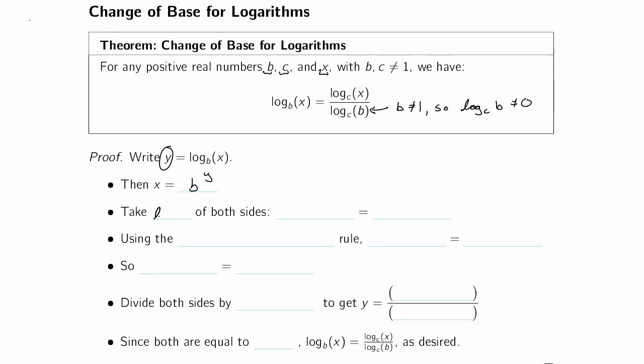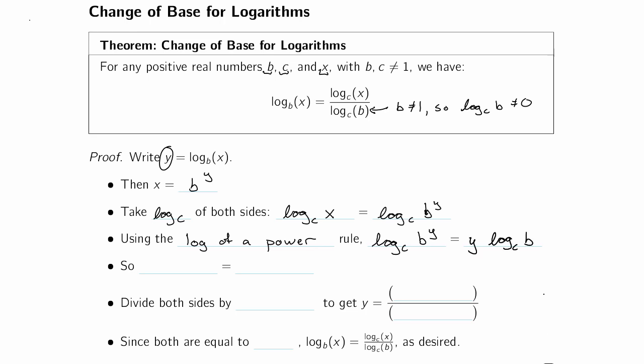If we take the log base c on both sides, we get that the log base c of x is equal to the log base c of b to the y power. Okay, but now if we use the log of a power rule, we get that the log base c of b to the y is y times the log base c of b.